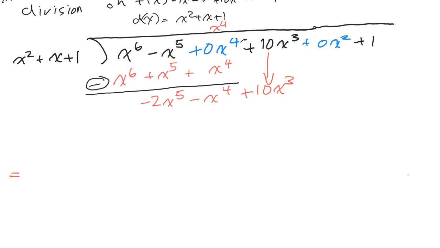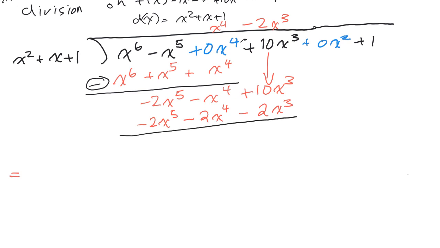So we have minus 2x cubed. Multiply through, and you're going to get negative 2x to the 5, and then minus 2x to the 4, and then minus 2x cubed. And now we take our moment and subtract.